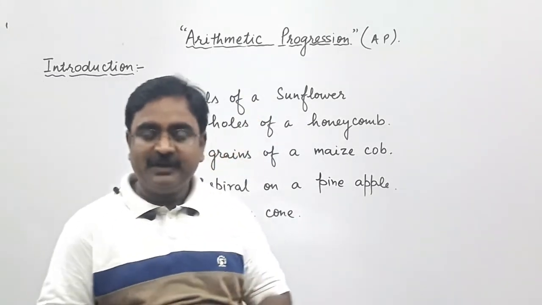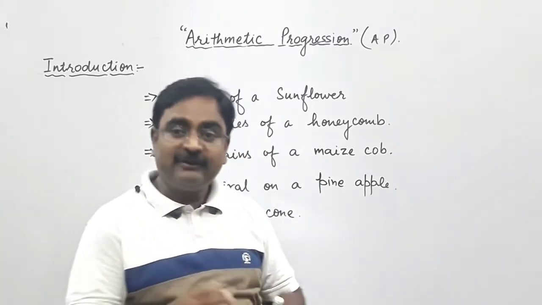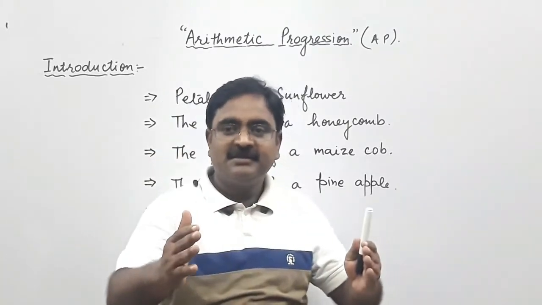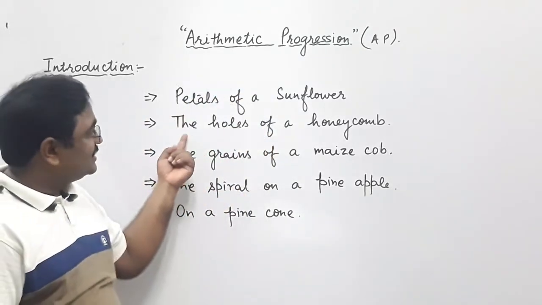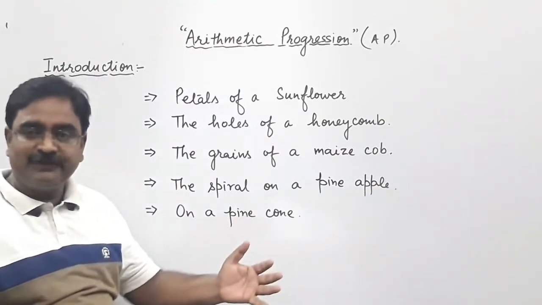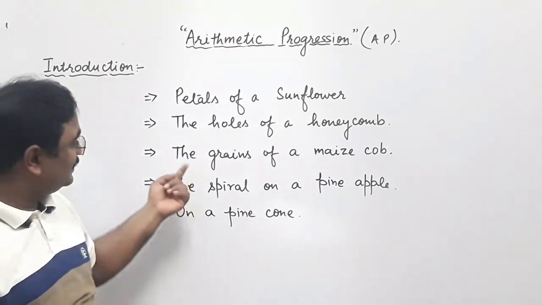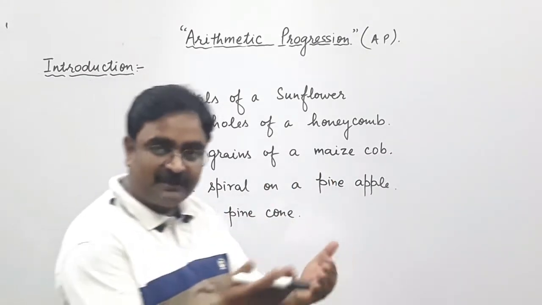In the sunflower you have seen certain patterns. According to those patterns, the flower is made. Next is the holes of the honeycomb. In that also you will see the pattern. The grains of a maize cob. There is also a pattern when you see the maize.